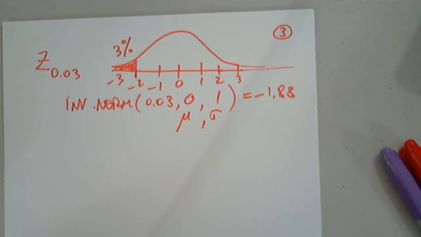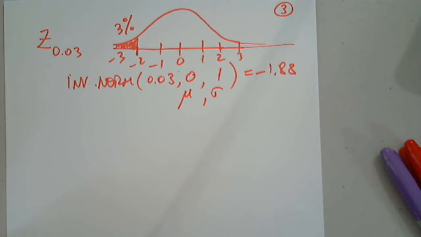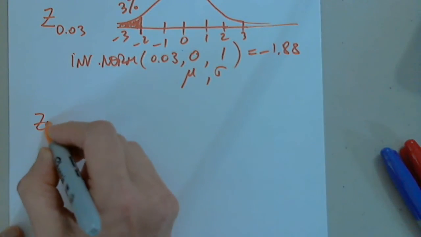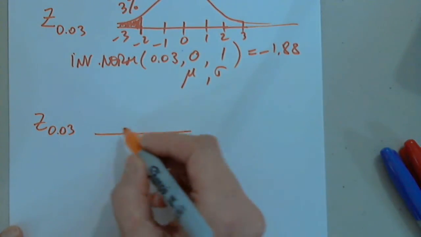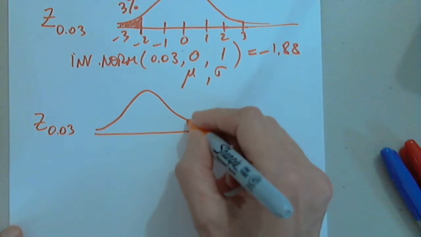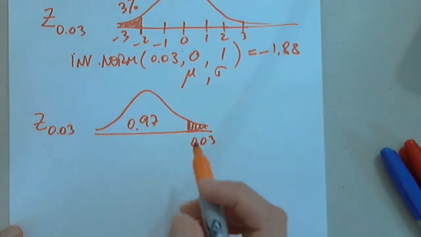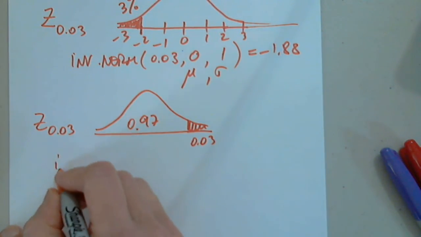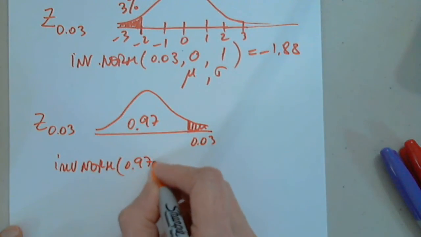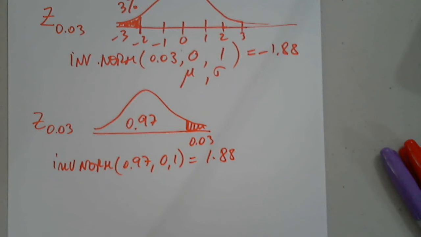So let me create this first. So 1.88, obviously. They don't consider it to the left, they consider it to the right. Every book is different. So now this is 0.03, and this is 0.97. So I used the left with inv norm. Area to the left, 0.97 and 0 and 1, and this is of course 1.88.